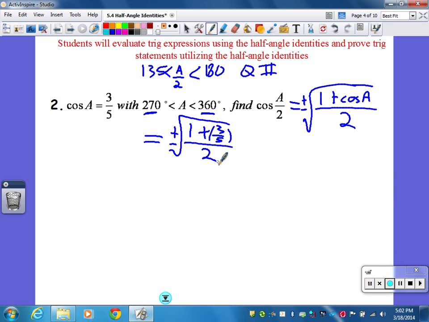Okay, so now we're going to get to plus or minus, after doing the math, the square root of 4/5, which is equal to plus or minus 2 square root of 5 over 5.